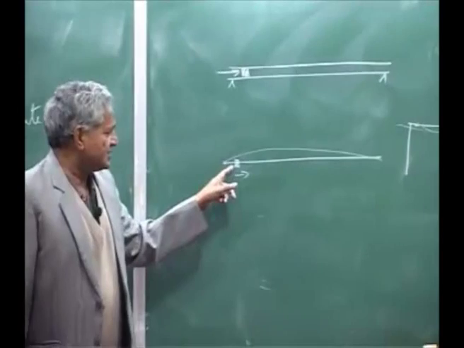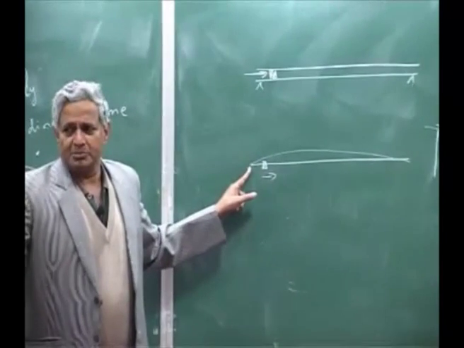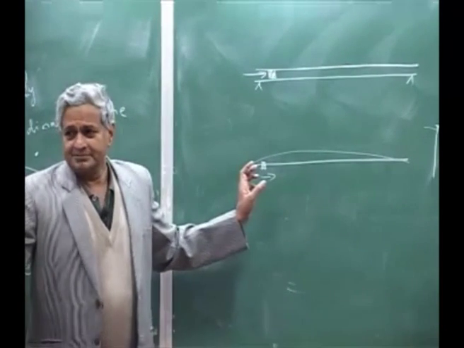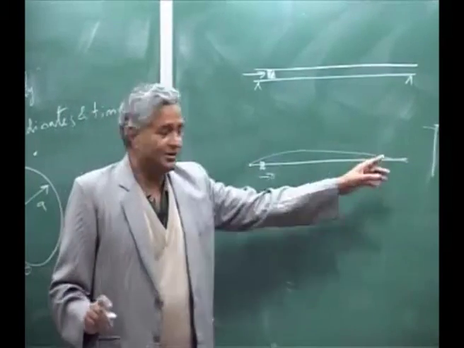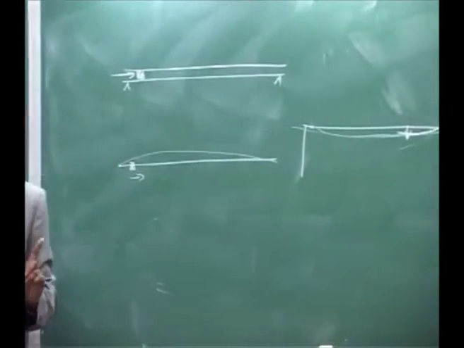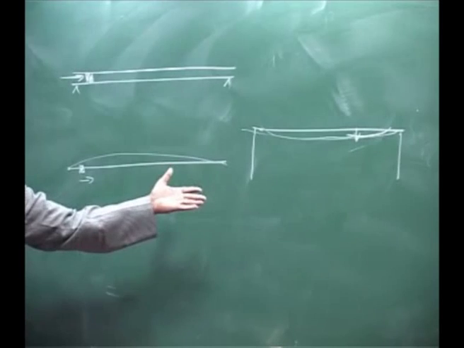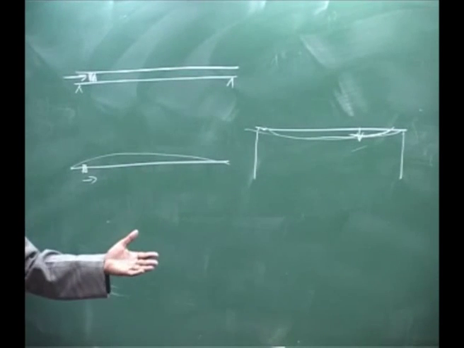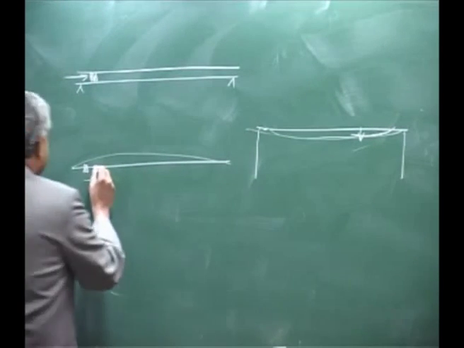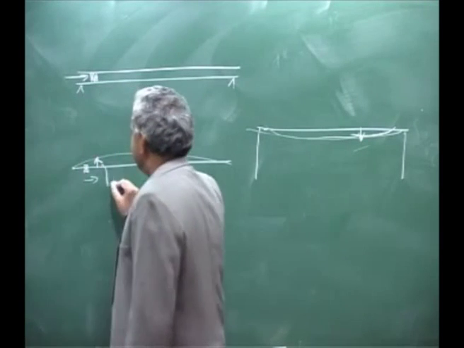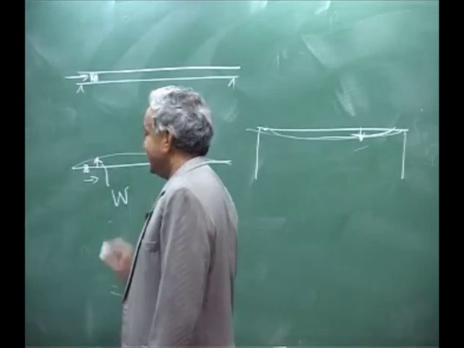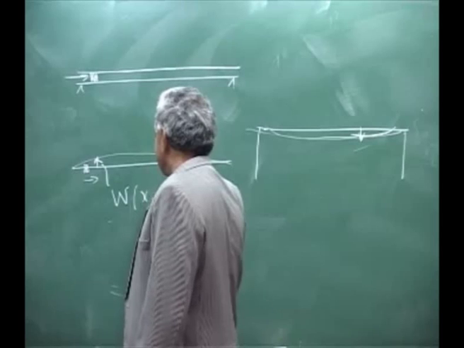Just assume that this is a fixed starting point. This is a particle. The particle is moving to the right on a string, but the string has a displacement w, which is a function of x comma t.